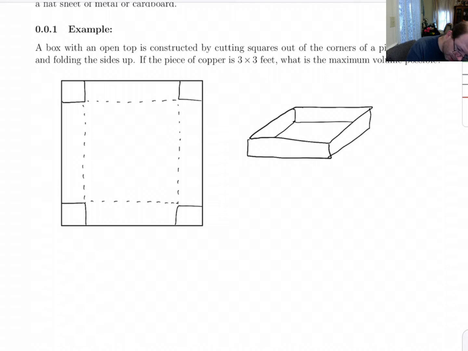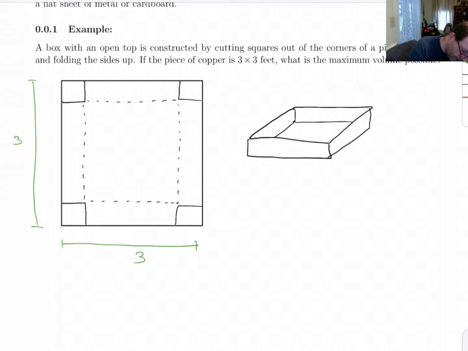All right, let's look at the dimensions. This was originally 3 by 3. And let's call each one of these lengths here x. So all these are little x by x squares.